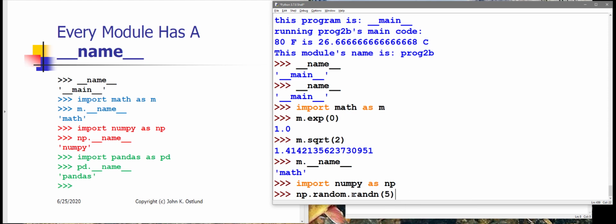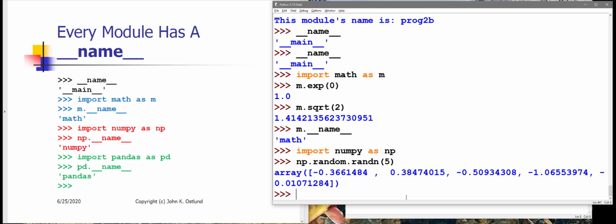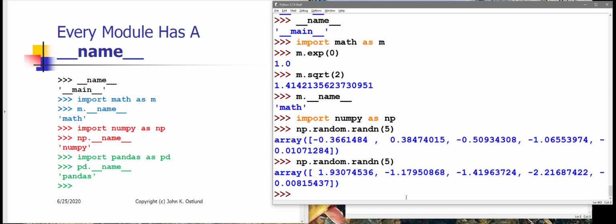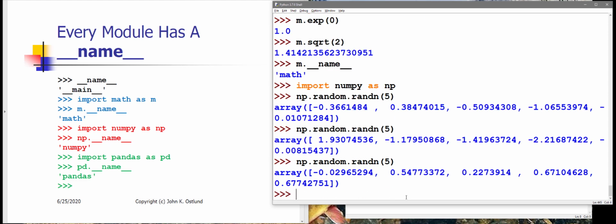What this does, rand_n, is to generate 5 random draws from a standard normal probability distribution. That is, I'm going to get back 5 values taken from a normal distribution with mean 0 and standard deviation of 1. And there we are. So this is a random sample from a standard normal distribution. And each time I run this, I will get back a different sample.